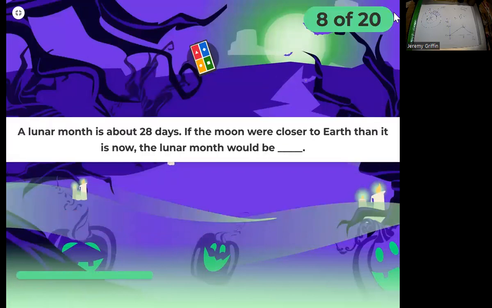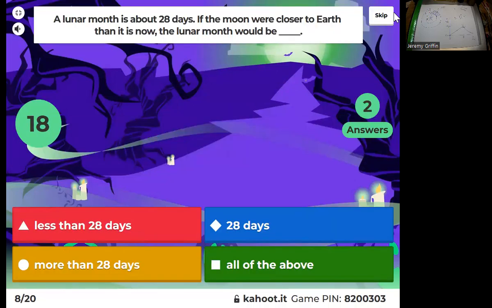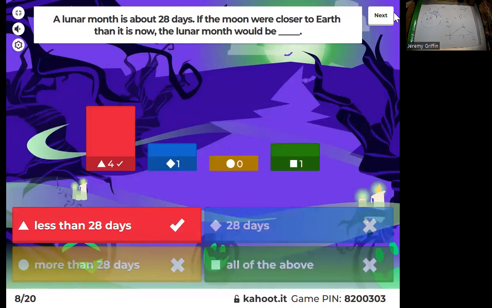Lunar month, about 28 days. But what if the moon were closer to Earth than it is now? Yeah, less than 28 days. All right.